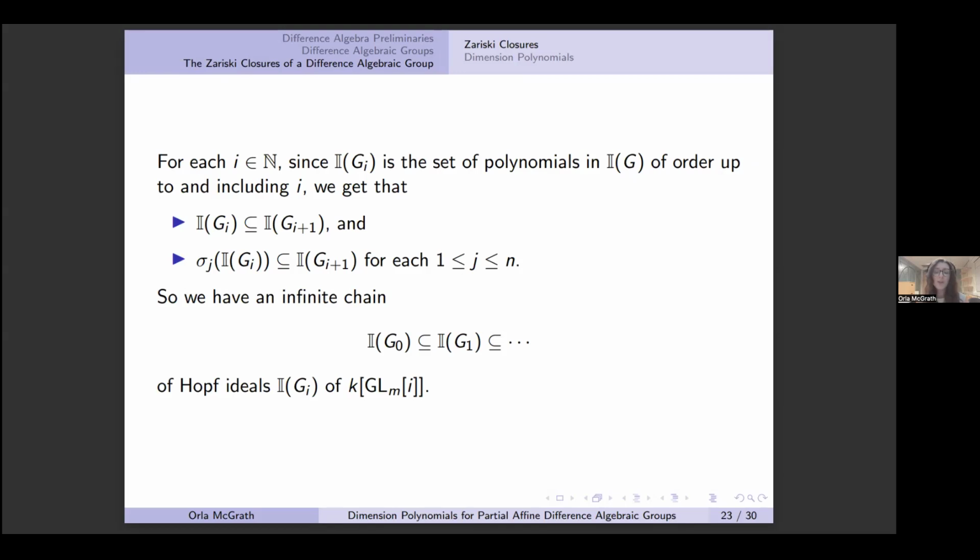We saw in the previous example that once we included that defining polynomial that we had, all the later polynomials would just be shifts of that. So what we're actually going to see is that this chain that we have of Hopf ideals, although it doesn't become an equality at any point, it does stabilize with respect to our basic endomorphisms.